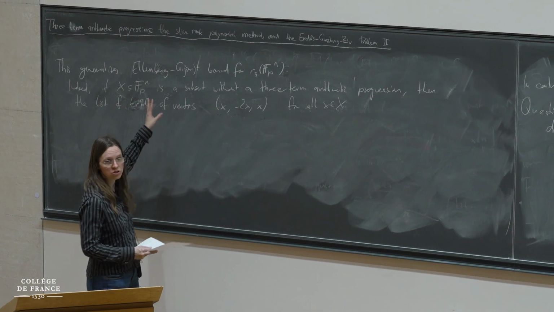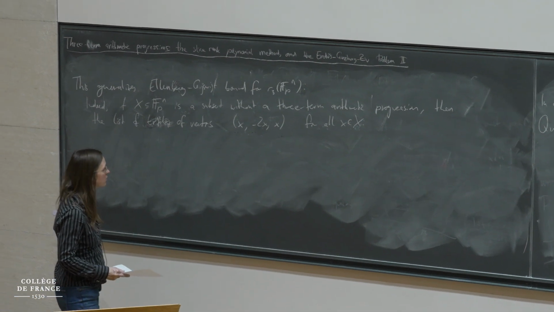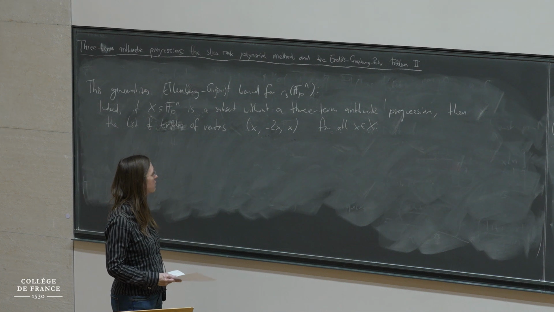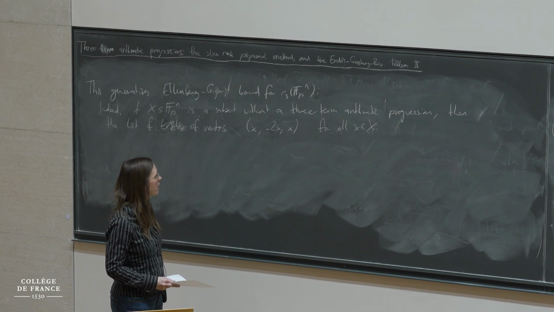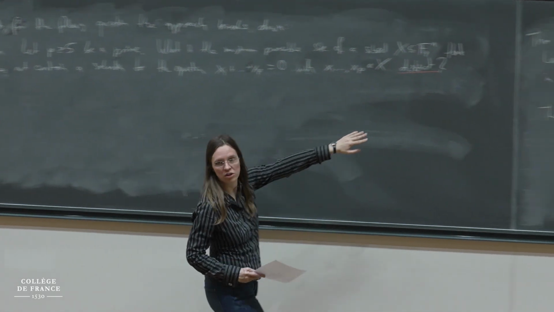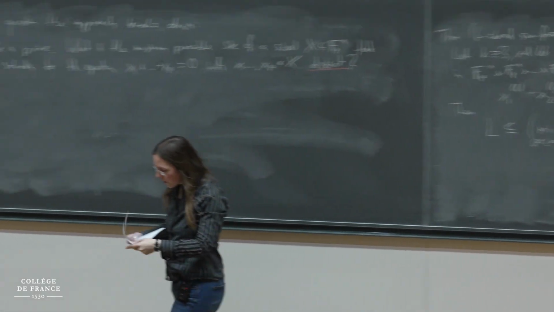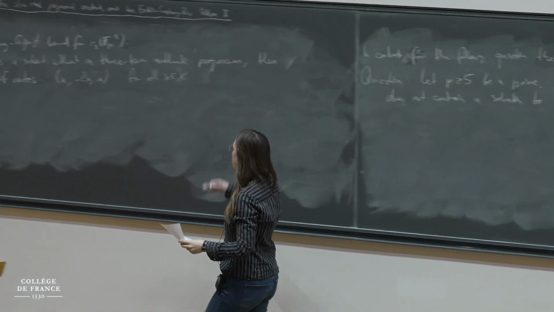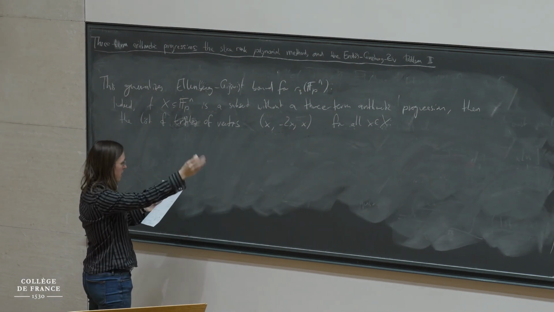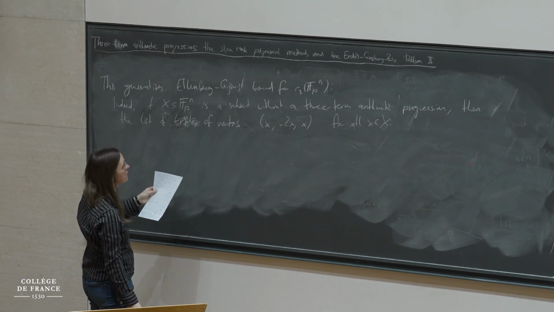By the condition that there are no three-term arithmetic progressions, I know that if x, y, z are not all equal, then x minus 2y plus z is not 0. Therefore, I satisfy that condition, so this list of triples of vectors satisfies the condition.